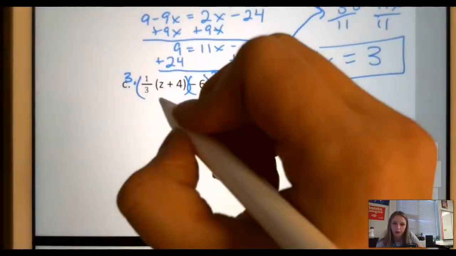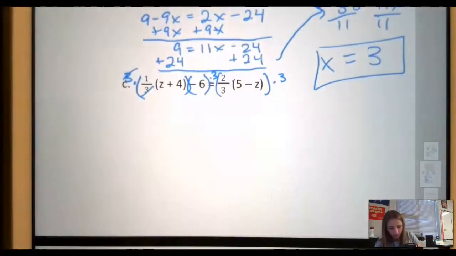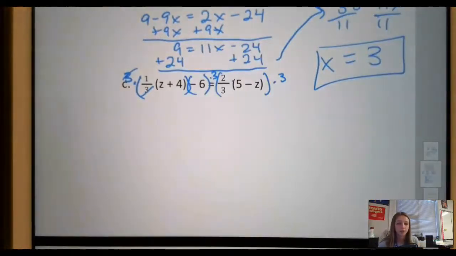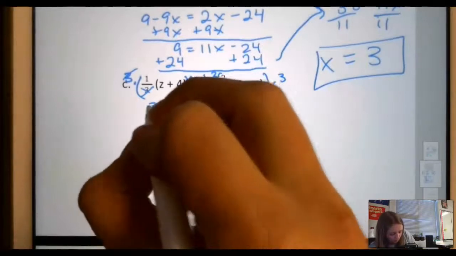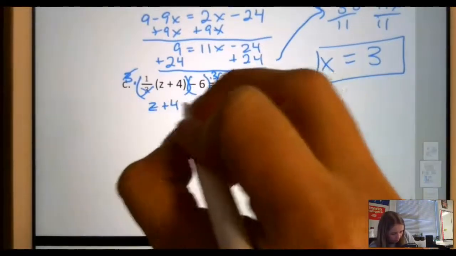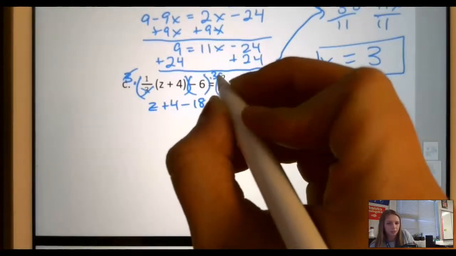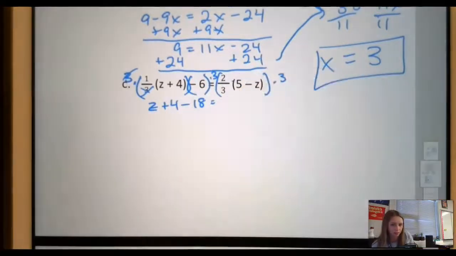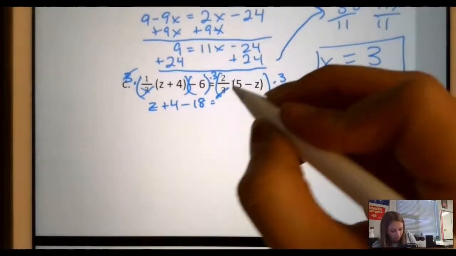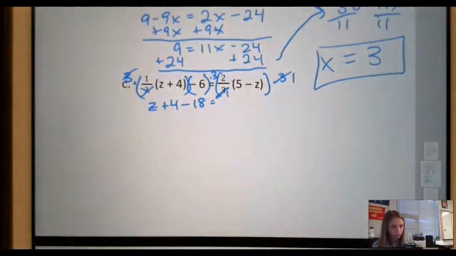So if I were to multiply here, my 3 then simplifies to equal 1, because 3 divided by 3 is 1. So I'm left with just z plus 4 minus 18, because 6 times 3 is 18. Can't forget about that sign to bring down. Now 3 goes into 3 one time.